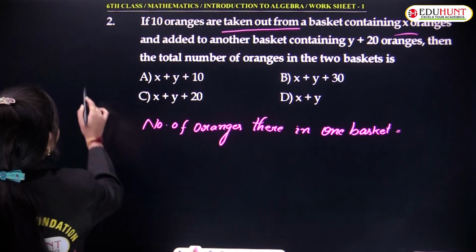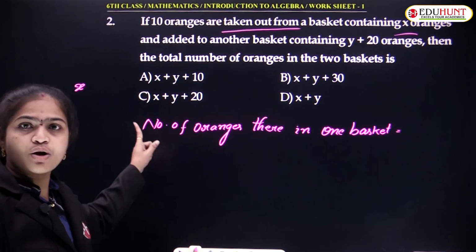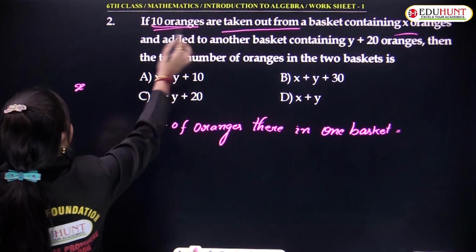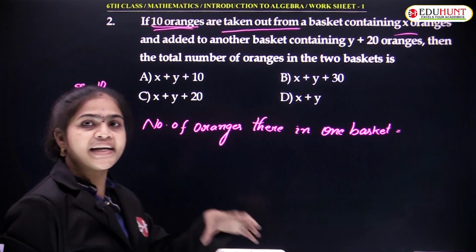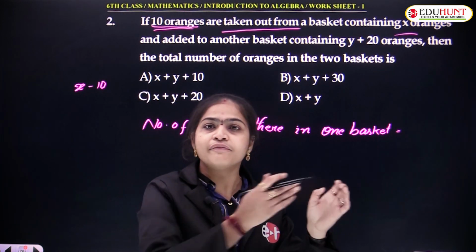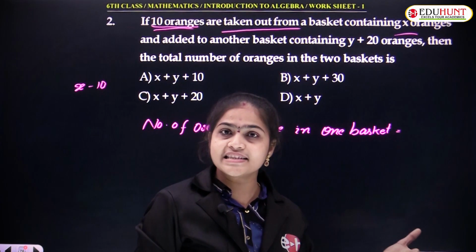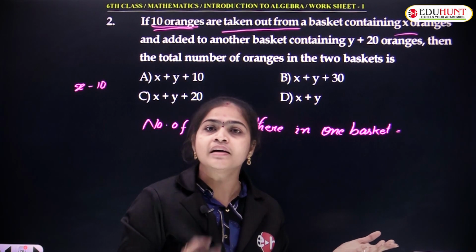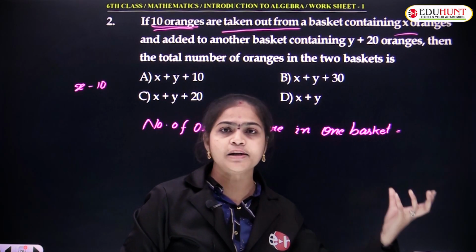Actually we have X oranges in that basket. From those X oranges, we have taken out 10 oranges. Taken out means just subtract. For example, 20 oranges are there in the box. We take 10 oranges from that box. Then how many oranges are present in that box? 20 minus 10 is equal to 10 oranges in that basket.